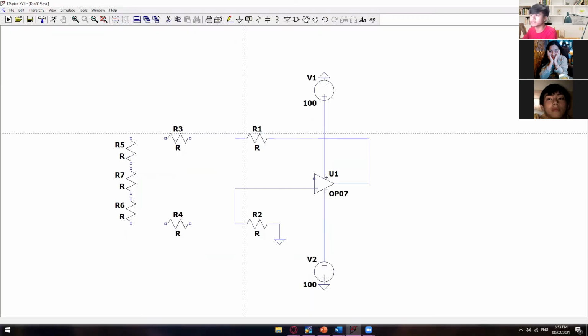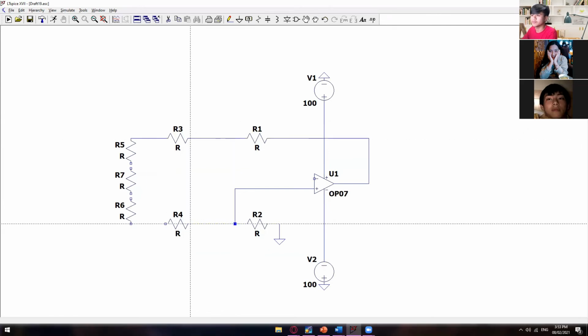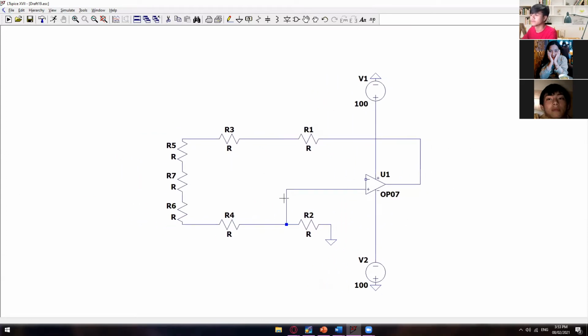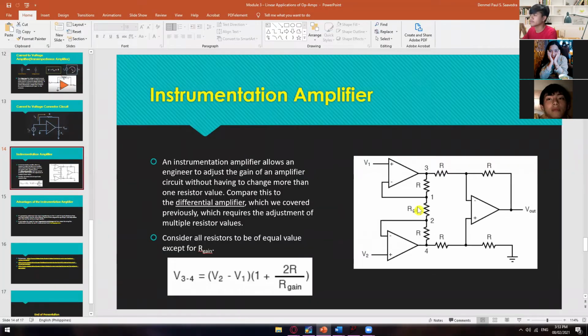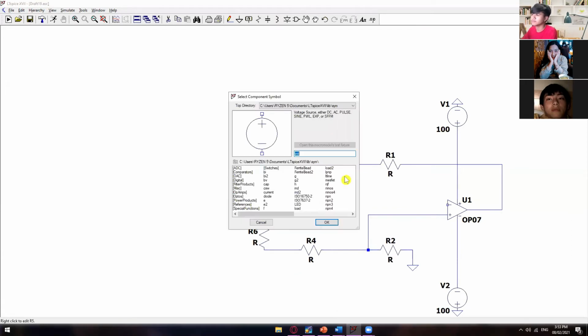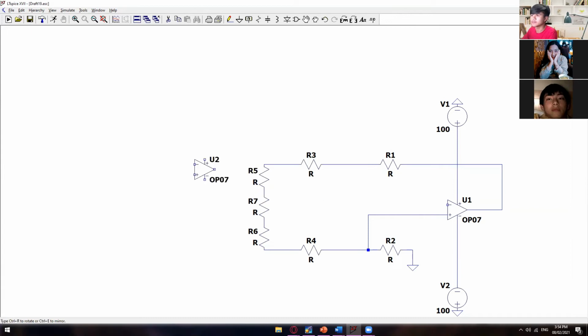This one is also connected here and here, and here, here. There you go. Correct. And then, of course, another op amp here, which is still the OP07. So one here and then another one right here.